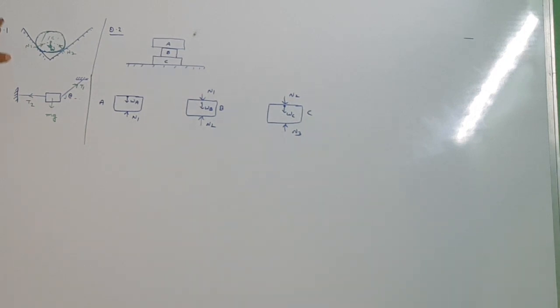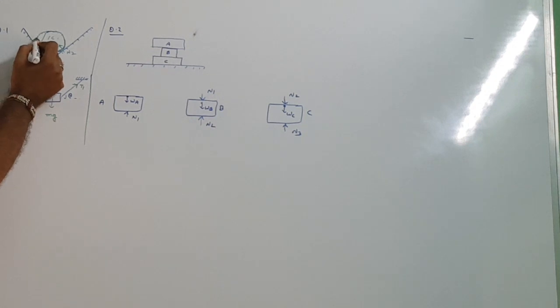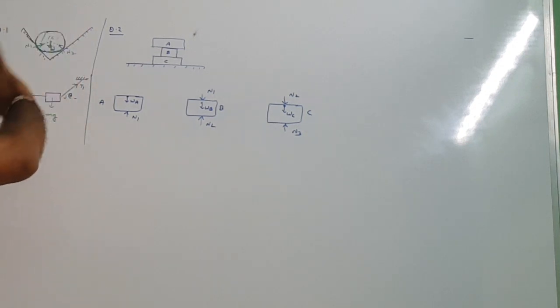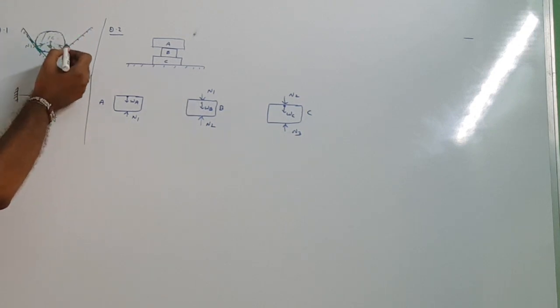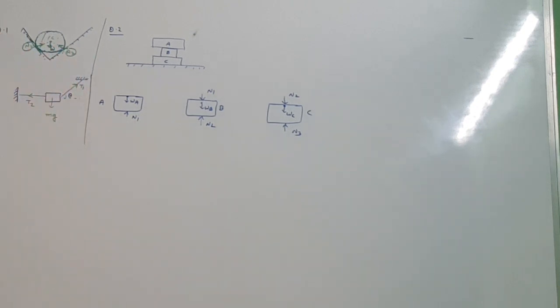Always remember, reaction force or normal force is always perpendicular to the surface attached. So this reaction force will be normal to the surface, and it will have a reaction force here also. Let us say this is N2 and this is N1.